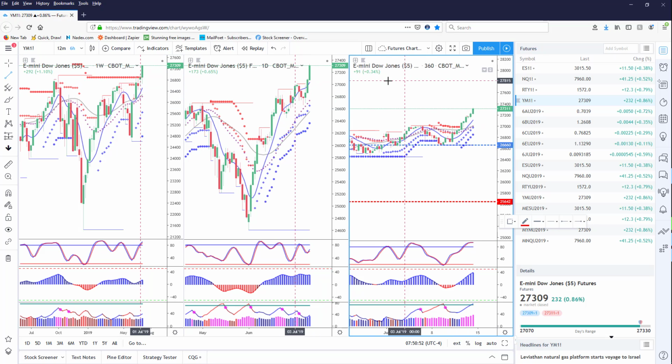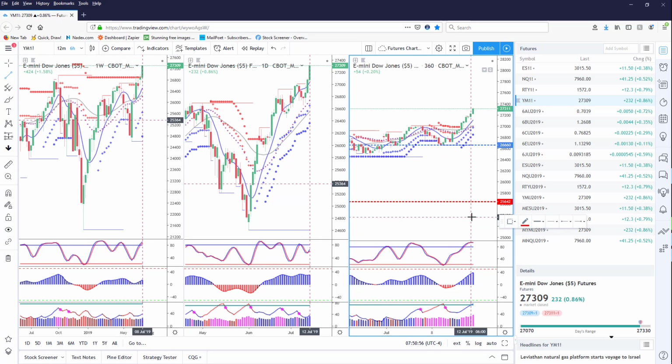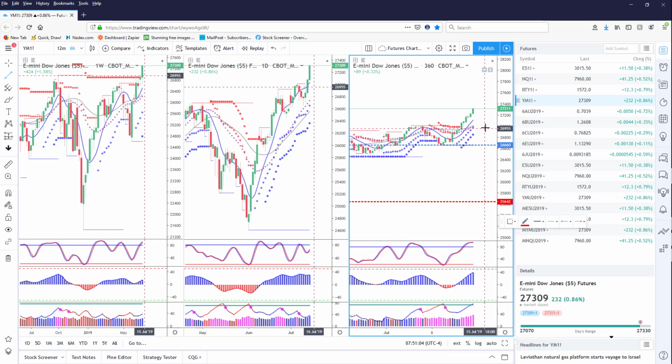And of course, over on the 6-hour, you are overextended as well on the stochastics and on the ADX. Generally, this will indicate a retracement down to the ATR, which is at 26,961.